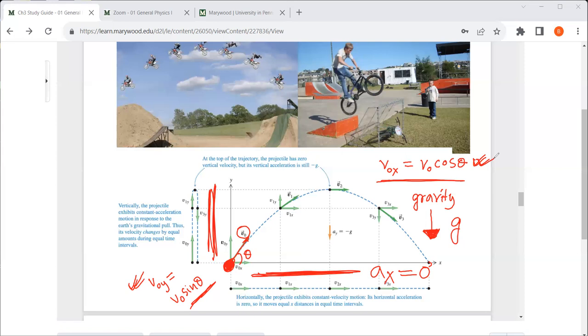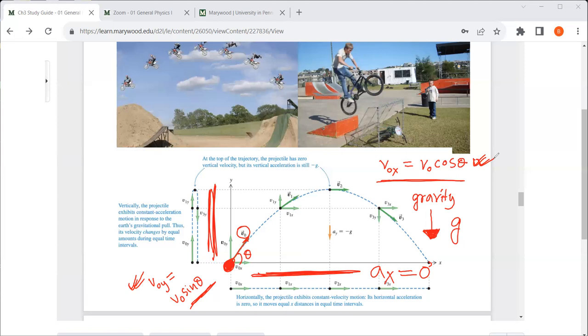After that, you have to understand that just after we project it, the only thing that can affect the object's motion is gravity, if we neglect the air resistance. Gravity is associated with the gravitational acceleration, and that is only along the y direction, the vertical direction.